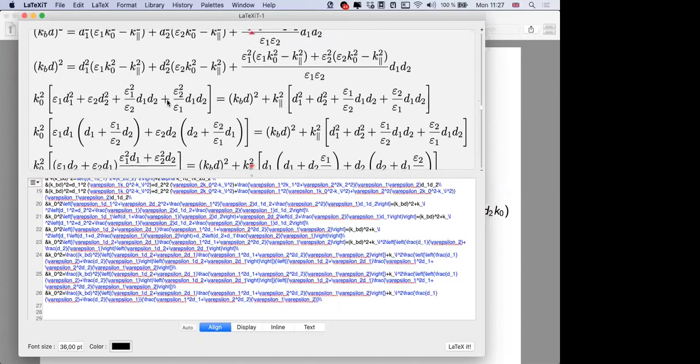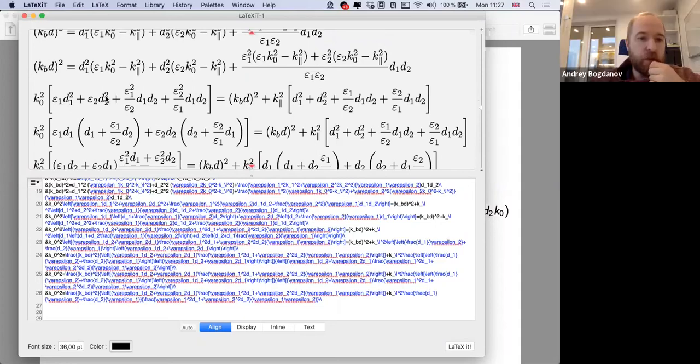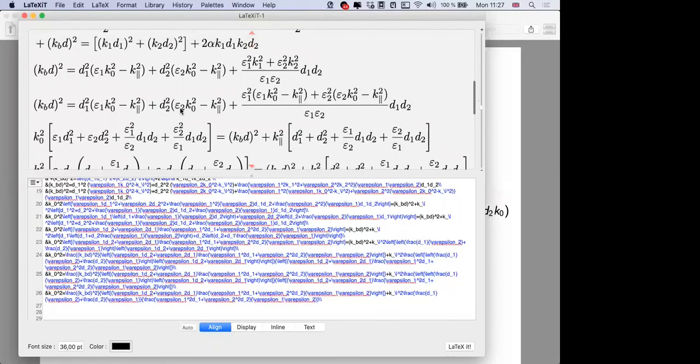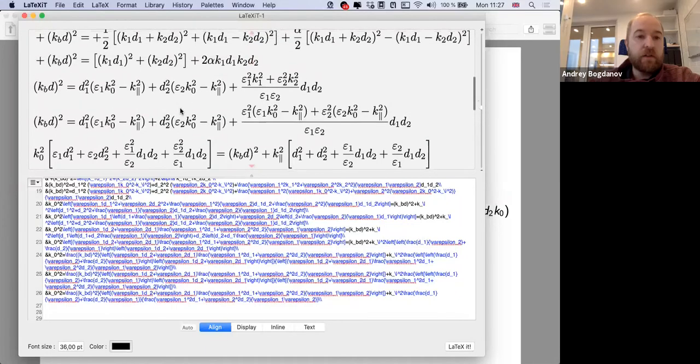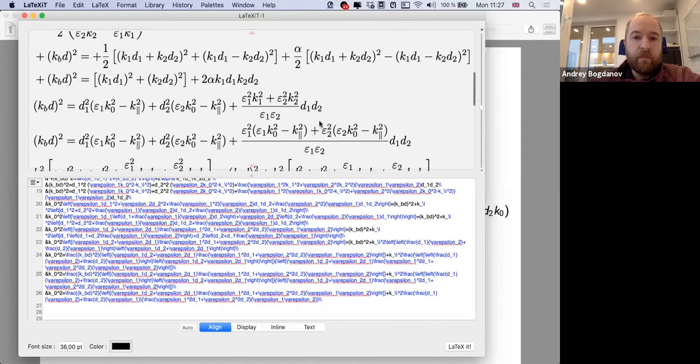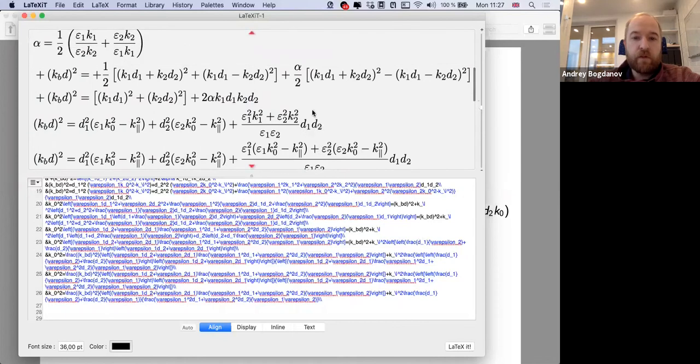So yes, and this here is d2, and then we write epsilon 1 d1 plus epsilon over d2, and so it seems that this is correct, and let's go back a little bit. Yes, the mistake should be earlier. Let's have a look here. Here our keynote. I think this is correct. And what about here? Let me have a look at this expression.